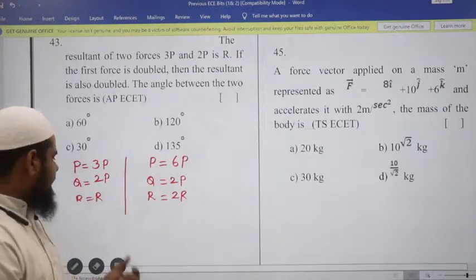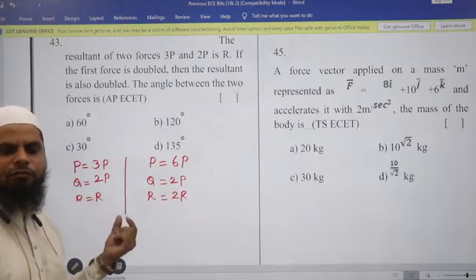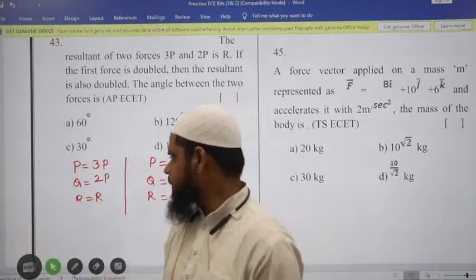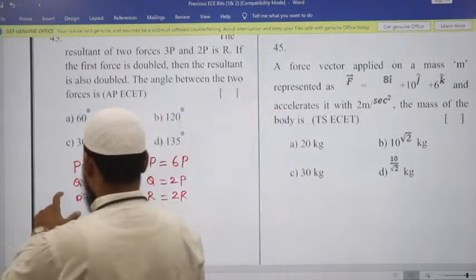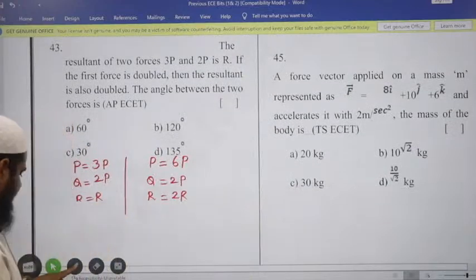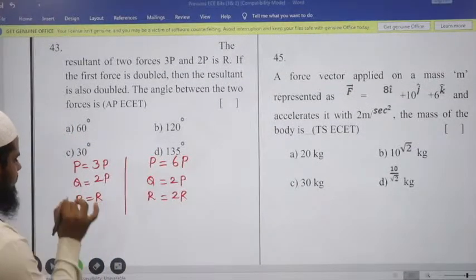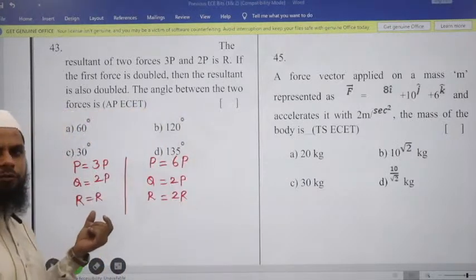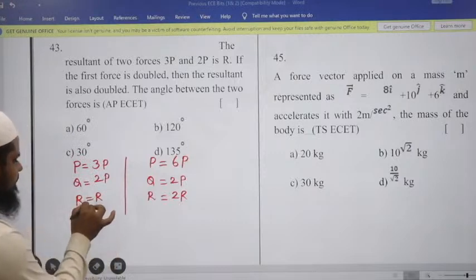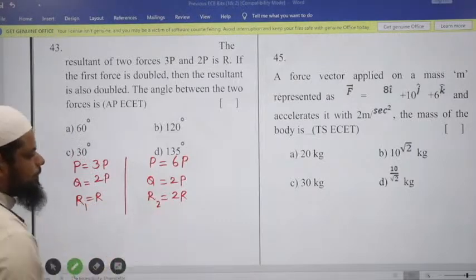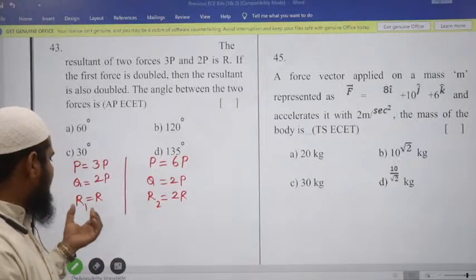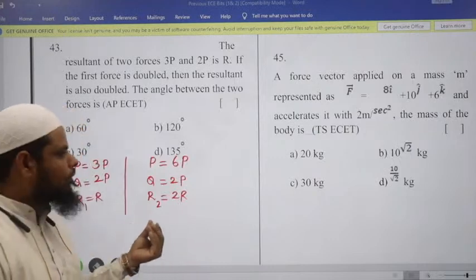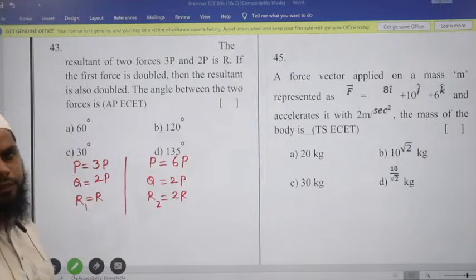So, here we have the formula R is equal to root over P square plus Q square plus 2PQ cos theta. First of all, you can find out the value of this one as R1, this is R2. You can find out the value of R1 and R2, you will get the equations. On comparing equations 1 and 2, you will get the value of theta.